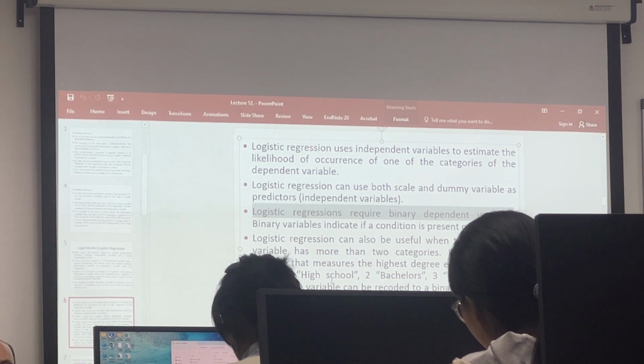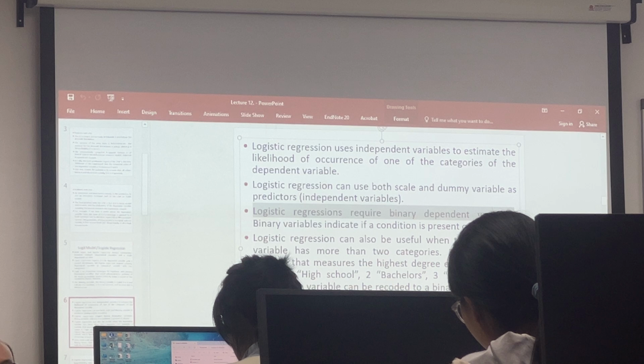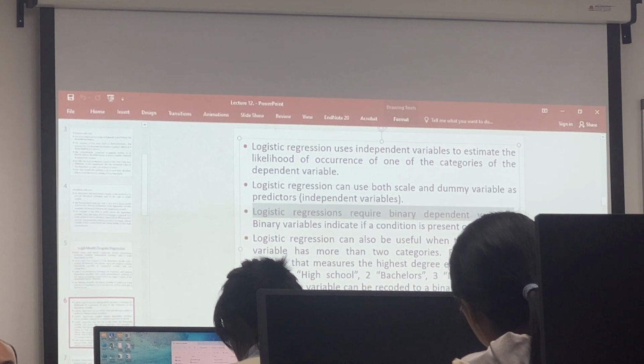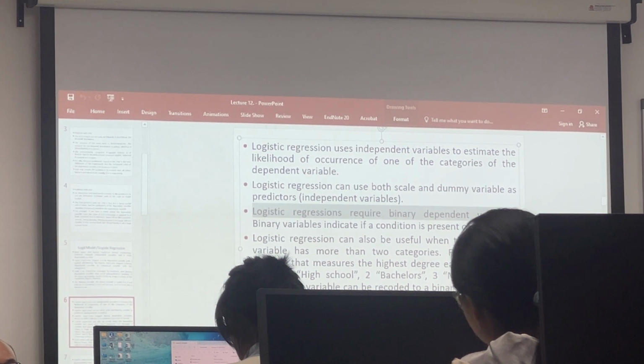So instead of having 4 categories, we recode to only 2 categories, 0 for high school and 1 for bachelors, to predict the likelihood of earning at least a college degree.